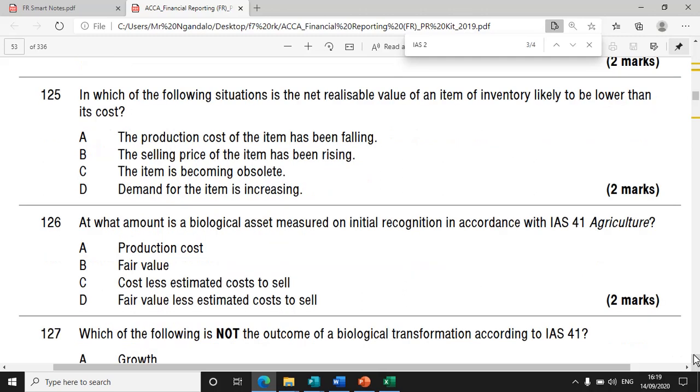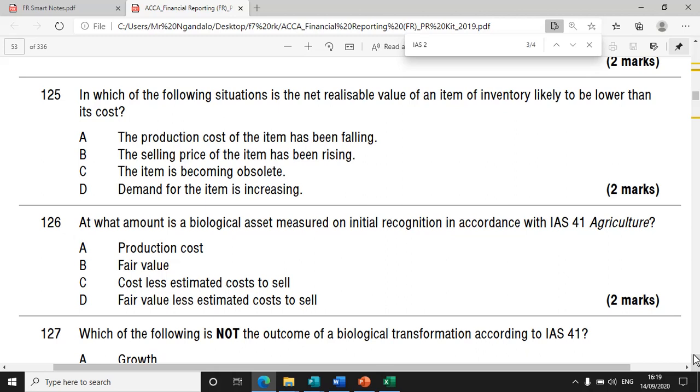Which of the following situations is the net realizable value of an item of stock likely to be lower than its cost? So we begin. The production cost of the item has been falling. I think the production cost will be lower. So we're looking for what will cause the NRV to be lower. The selling price of the item has been rising.